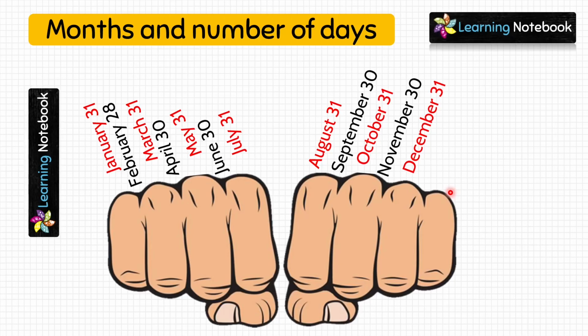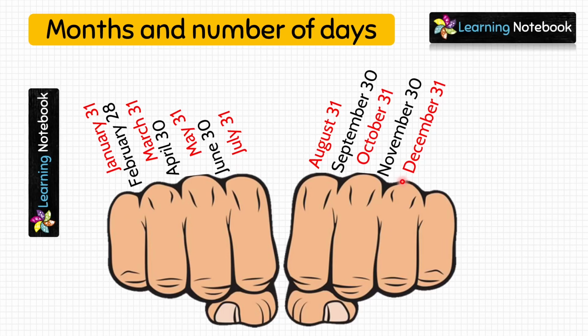Students, you can count from any side, either left to right or right to left. Now, if you see carefully, months which are on knuckle are January, March, May, July, August, October and December.